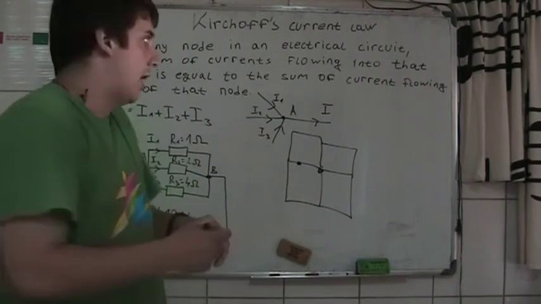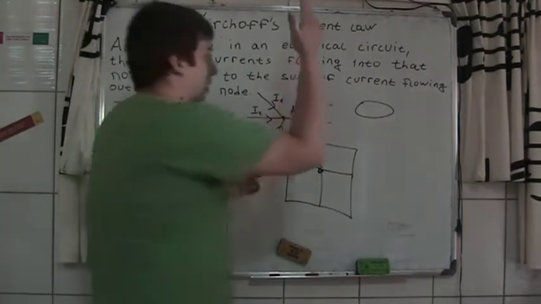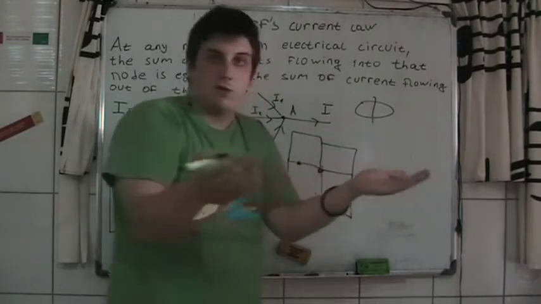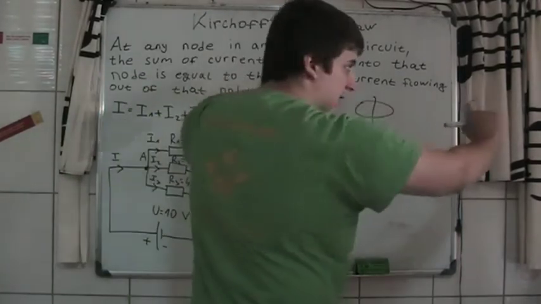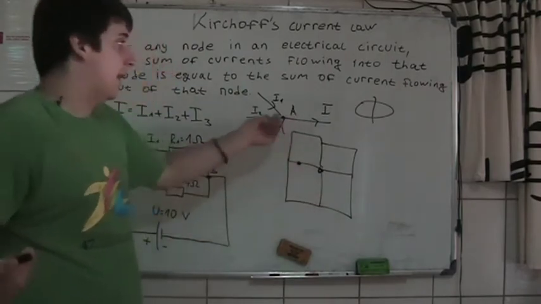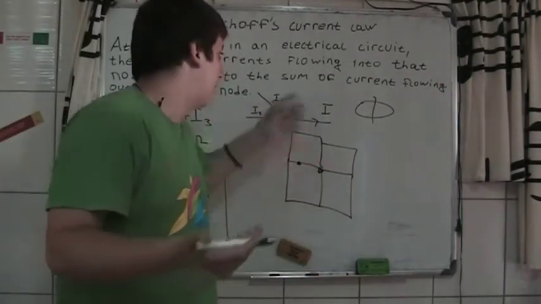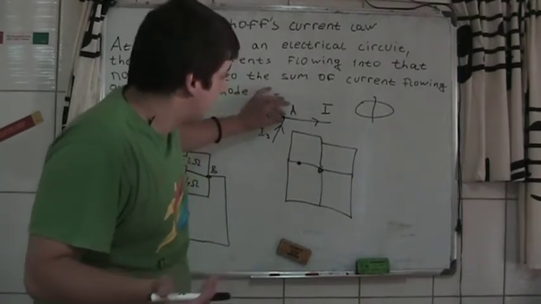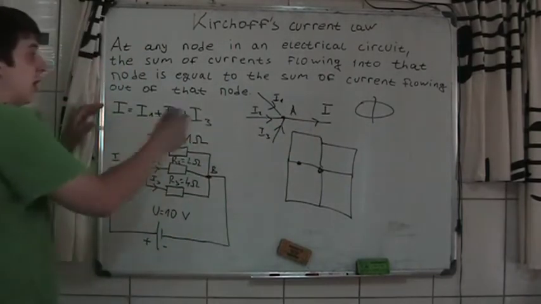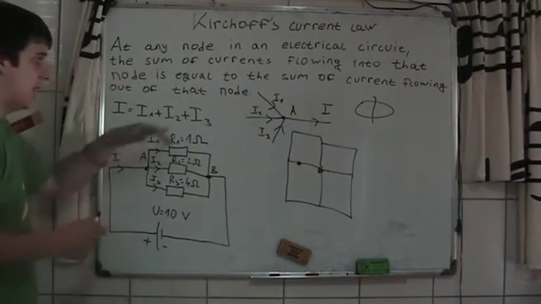It's like when you have bread and you cut it in half, you have the same amount of bread, only it's cut. This doesn't cut the currents, but you have the same amount of current flowing into this node and flowing out of this node. So the current must be equal to all the sums of currents flowing out of that node A.